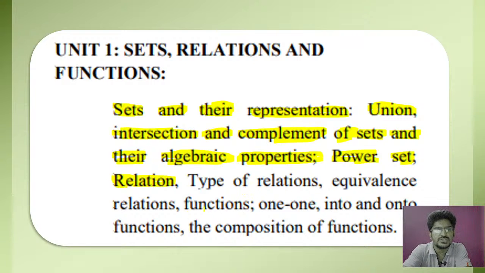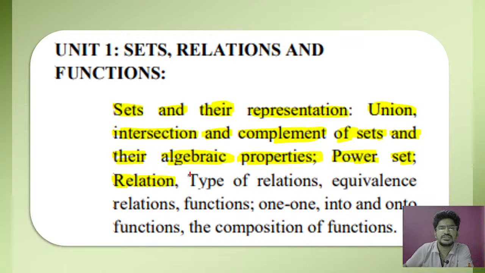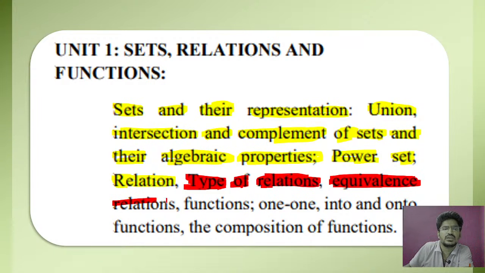See here, relation is in your 11th class, and the types of relations will come in your 12th class. So you read relations in the first year and types of relations in the second year. Next, equivalence relation you also learn in 12th class.